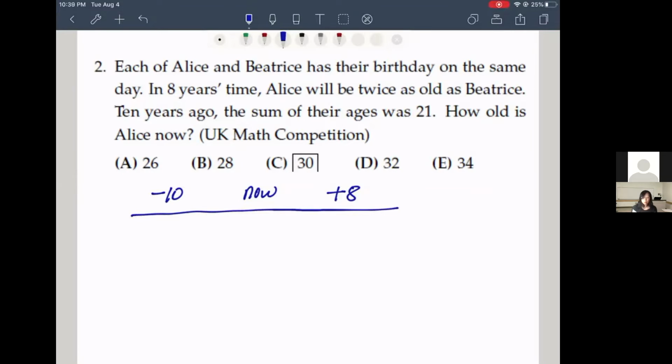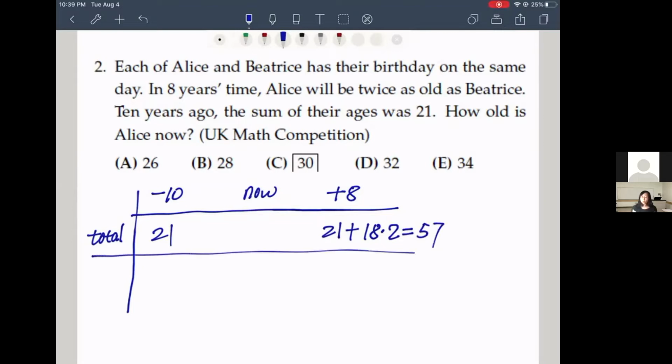We know the total 10 years ago was 21. With that, we can find the total of now and 8 years later, right? So for example, for 8 years later, it is 21 plus 18 times 2, which is 57, right?